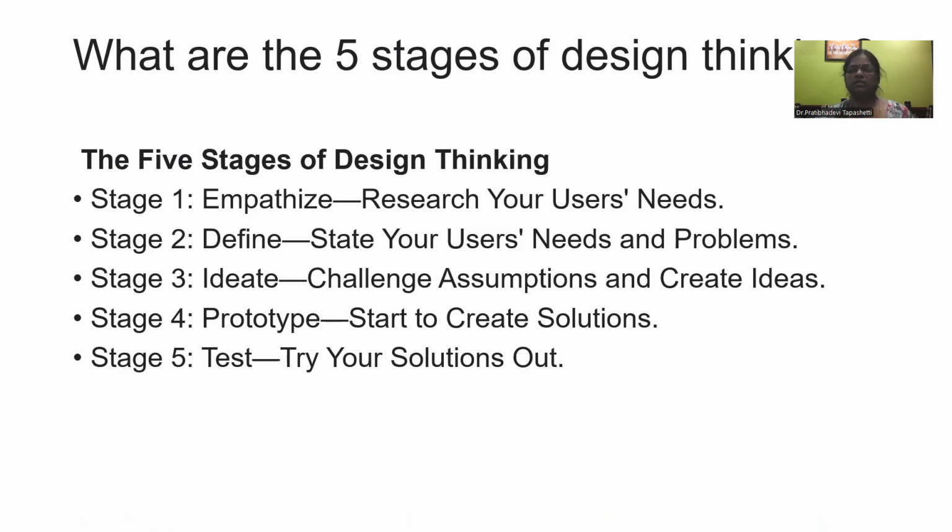The next stage is, whenever we are about to design the product, we do not design it in bulk. We design sample pieces. That is called a prototype. So we do the prototyping of the idea for the problem statement. Then we test it within the firm, within the people associated with the design.